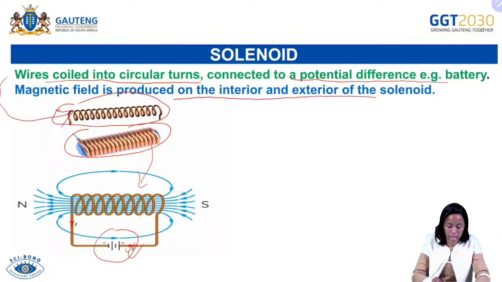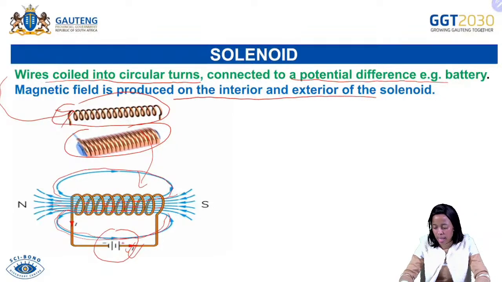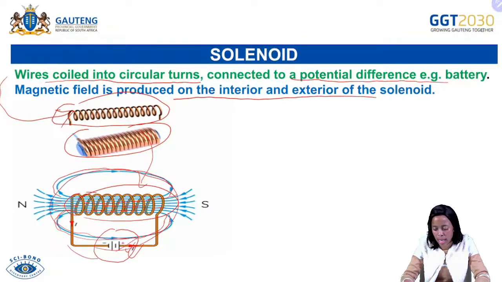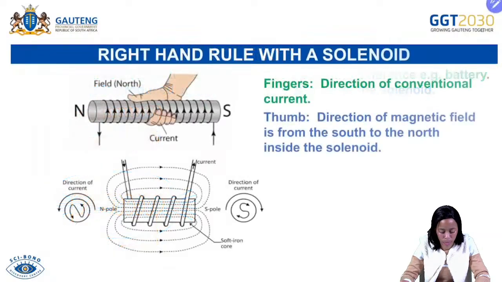So inside the solenoid, we have magnetic field lines, and outside of the solenoid, we also have magnetic field lines. Hence, a magnetic field is produced in the interior, that is inside the coil, as well as outside.